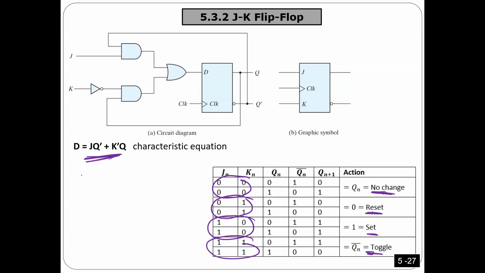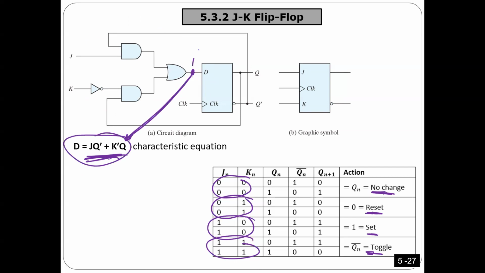Now, how can we make it? The way you can make it, I can still use a D flip flop, but I put this part here. This part is actually this equation. Whatever I have here, the value at the input of D should equal this one.